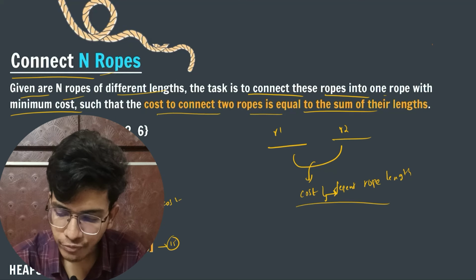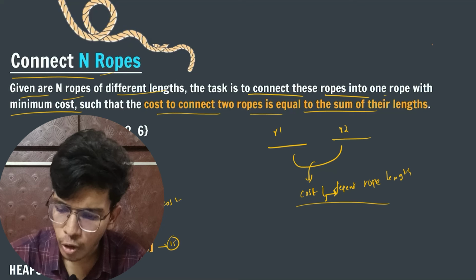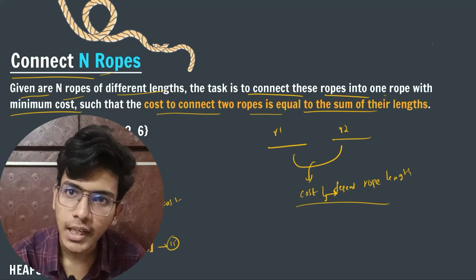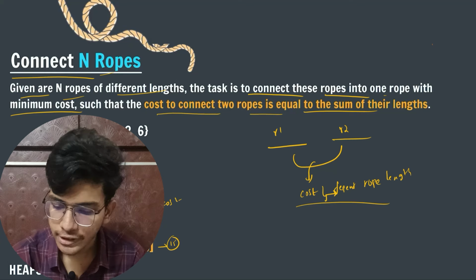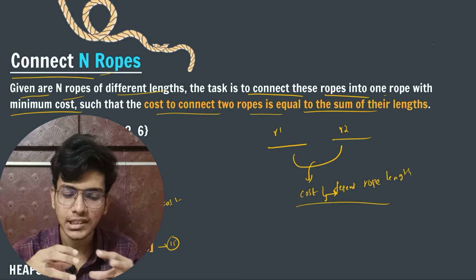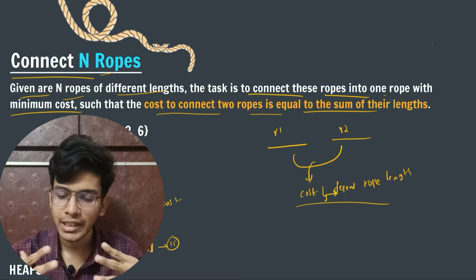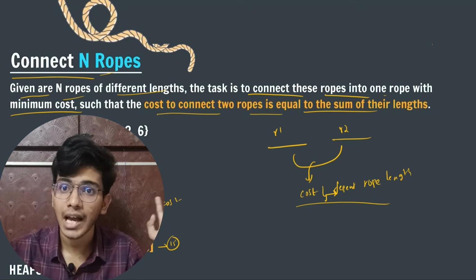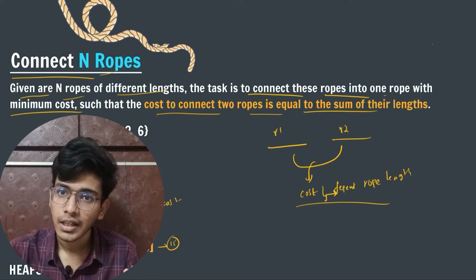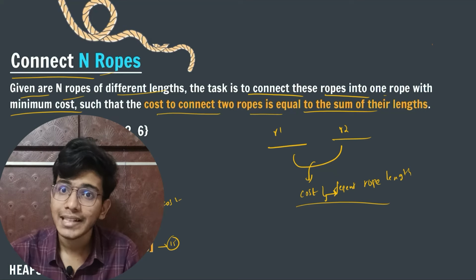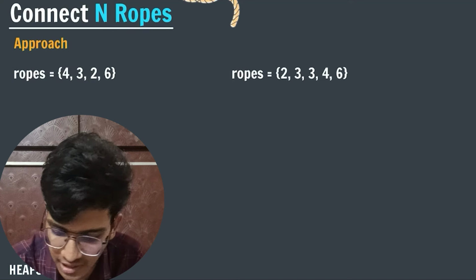If the cost is dependent on rope length, then I should take the rope which is less initially, because when I take the least length rope, my costing will get reduced. If I take the rope having the largest length, then as I keep on adding, my cost will get increased. Let me show you a diagrammatic representation also.